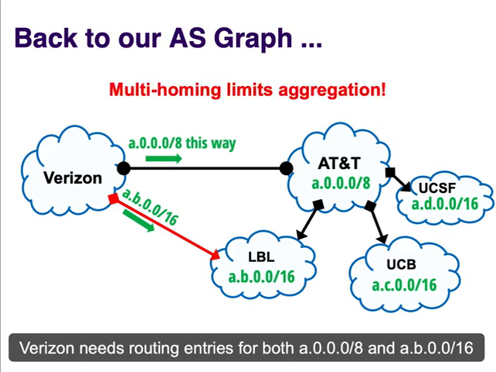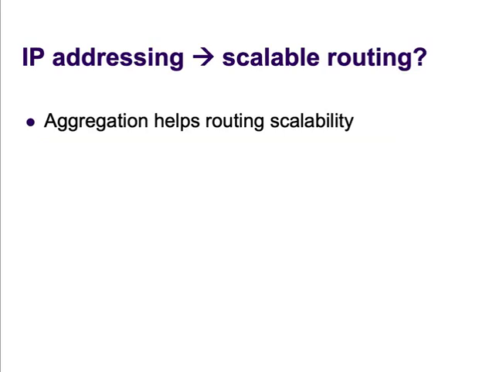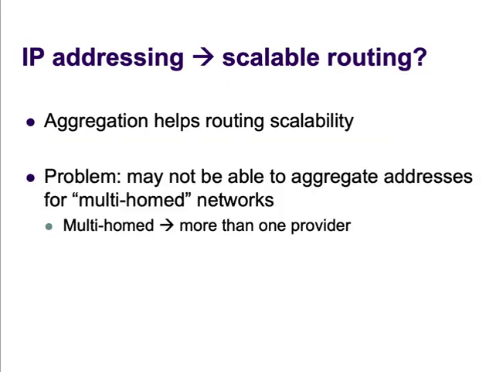But the thing to note here is that when we do multi-homing, it limits the efficiency of aggregation. And that's because we're breaking this assumption that hierarchical address allocation maps onto a topology. Right, so IP addressing and why we get scalability: aggregation is what gives us routing scalability. But at the same time, the problem is aggregation can be broken by multi-homing, where multi-homing again means you've connected to more than one provider.